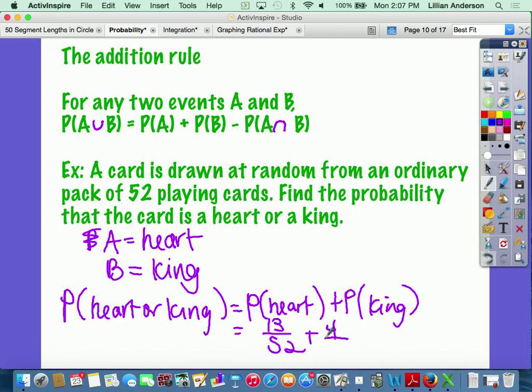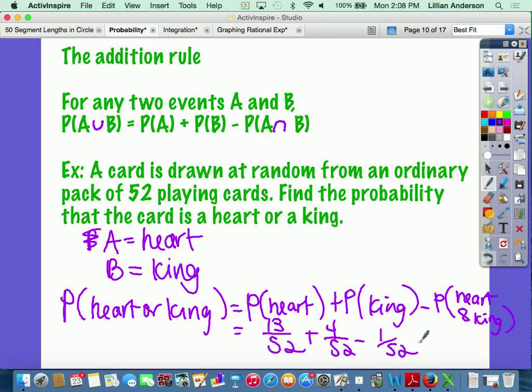4 out of 52. Then you have to subtract the probability of their intersection, the intersection between a heart and a king. How many cards are both a heart and a king? 1, the king of hearts. So you subtract 1 over 52.